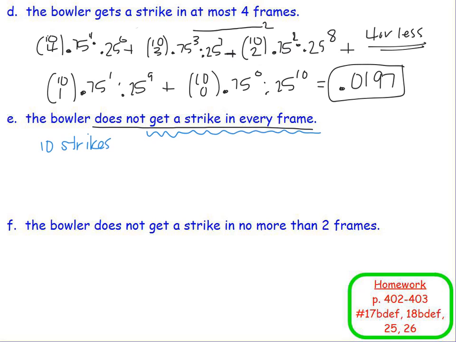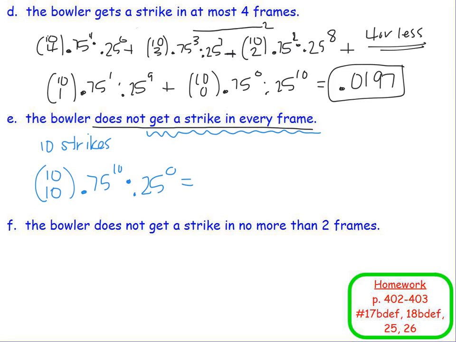So let's look at that. 10 frames, 10 strikes. 0.75 to the power of 10. If he gets all strikes, that means misses. There's 0 of them. So remember, this is the case that we don't want. So one case only, easy to figure out.